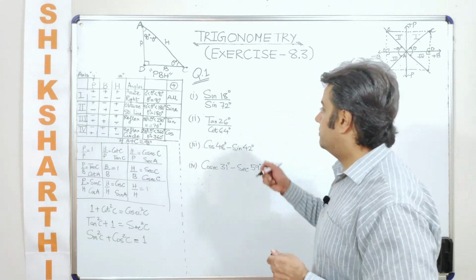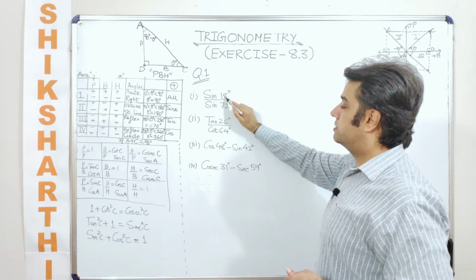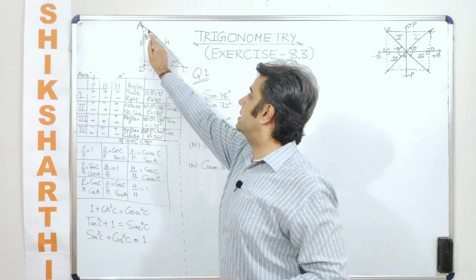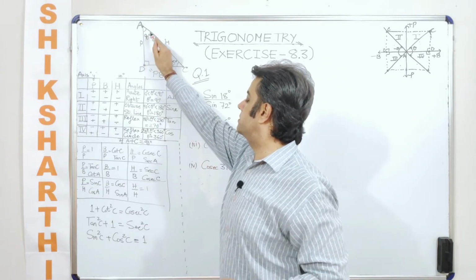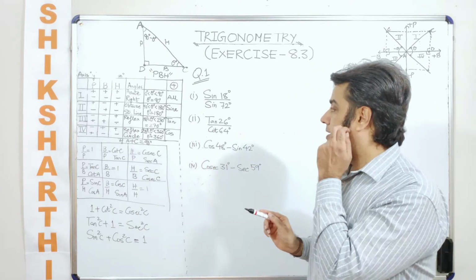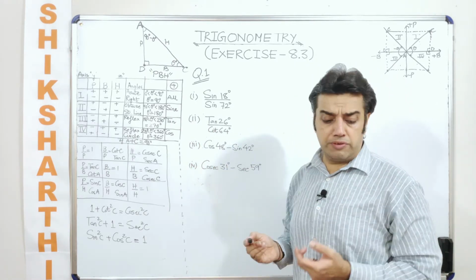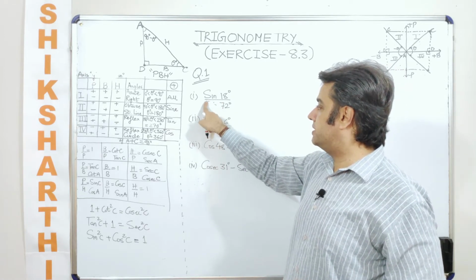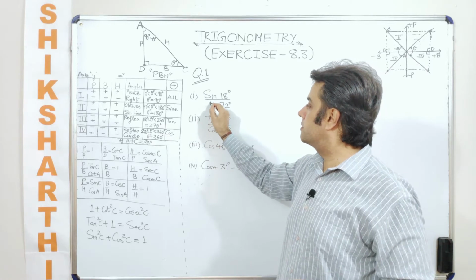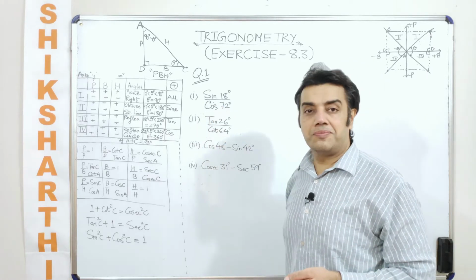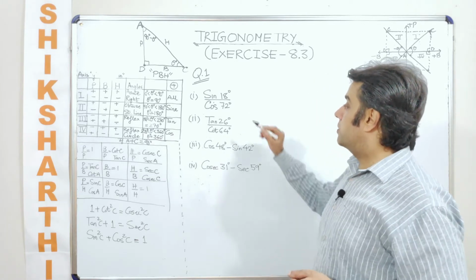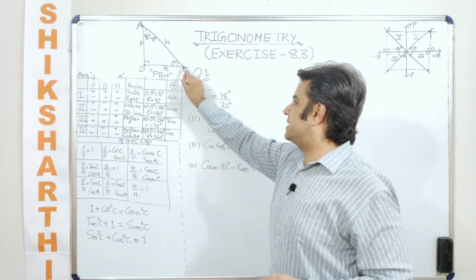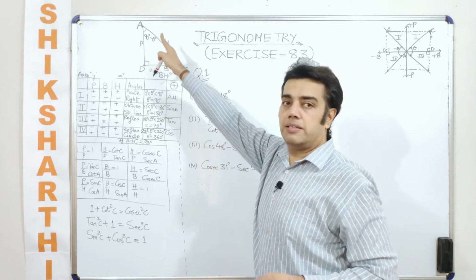Imagine this is 18 degrees. In that case, this will be 72 degrees. When I recheck the question, this is not sine, this is cos. Now can I say sin C is equal to cos A?